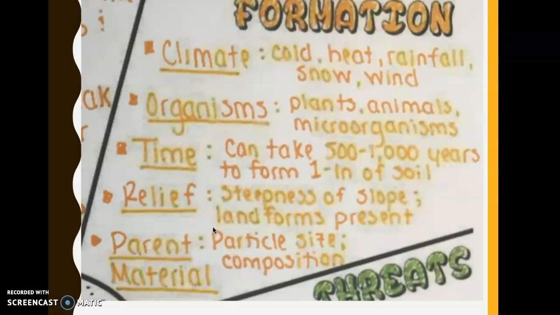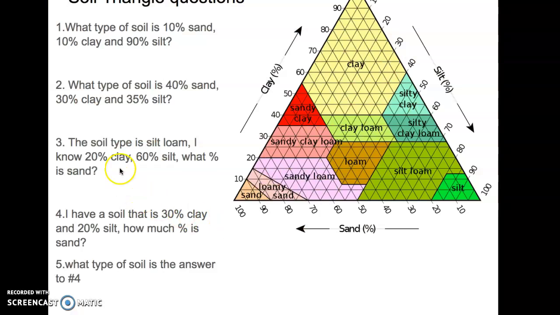The particle size determines the porosity, or how much water is able to move through the soil. We don't want a ton of water to move through the soil. We want it to hold a little bit, but not so much that it creates a lake. So our sweet spot is typically called clay loam, and we're going to investigate that in a second. So that was part one of what you've got to do today.